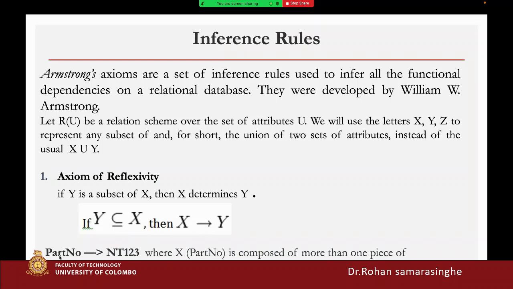So, the part number determines NT 1, 2, 3, where X is the part number.